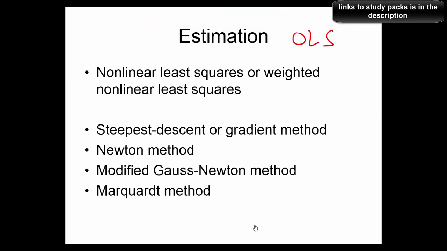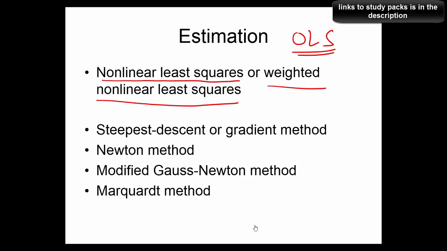OLS, least square estimation, is used in linear regression equations. Here, the estimation process is somewhat different. Nonlinear least square is used instead of linear least square, and weighted nonlinear least square is also used. And there are various forms of this estimation process.